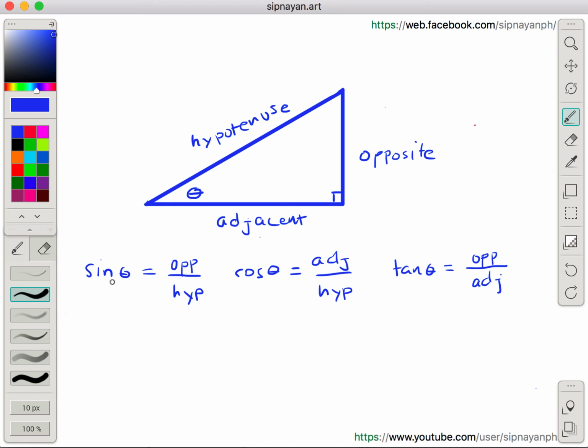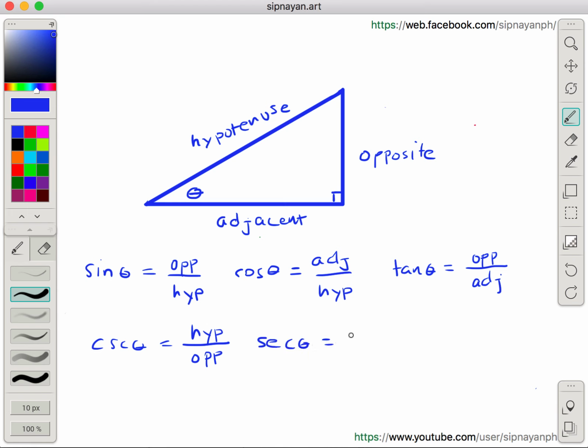Yung mga ratios na 'to, meron siyang tinatawag na inverse. So, ang inverse ng sine ay cosecant theta, which is, pag inverse, syempre, ang mangyayari dito ay kanyang reciprocal. So, hypotenuse naman yung nasa numerator natin, and opposite side naman yung ating denominator. Then, yung inverse ng cosine ay tinatawag natin na secant.